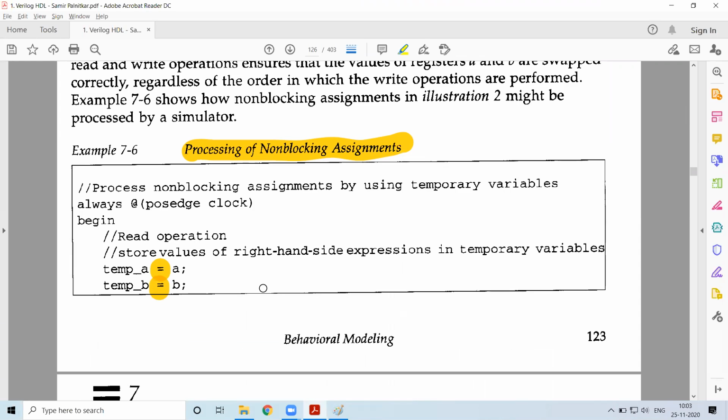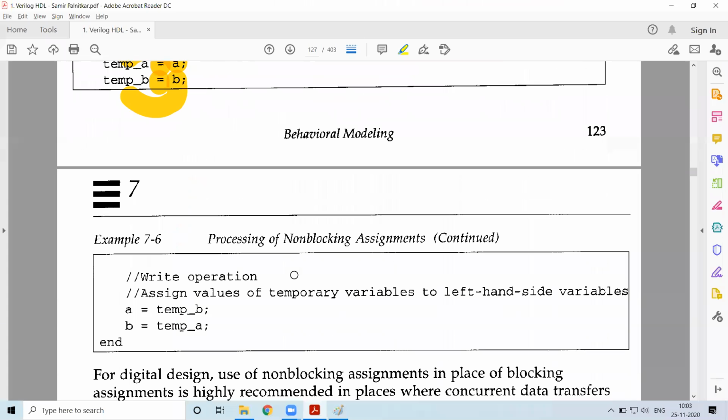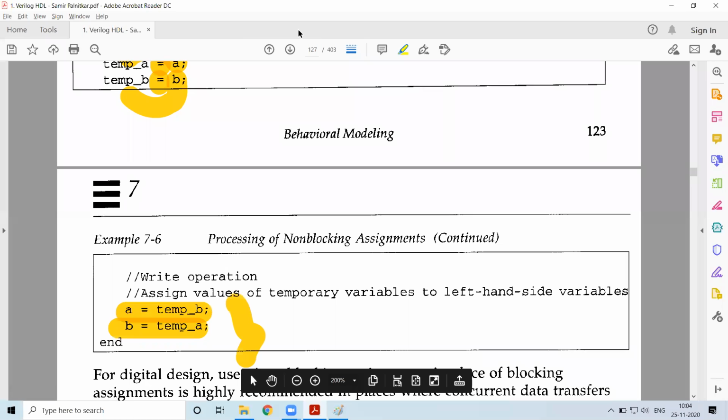In this case, A's value is stored in a temporary variable, and B's value is stored in a temporary variable. So both values are now available in the temporary variables. Now, if I want to swap, I'll swap by using the temporary variables. A is equal to this one and B is equal to this one. This is how I go ahead.